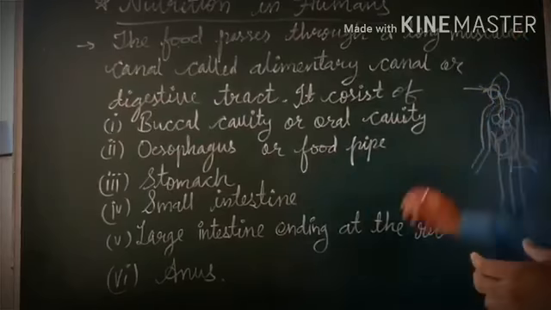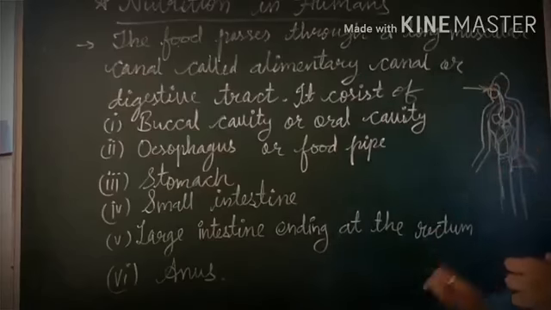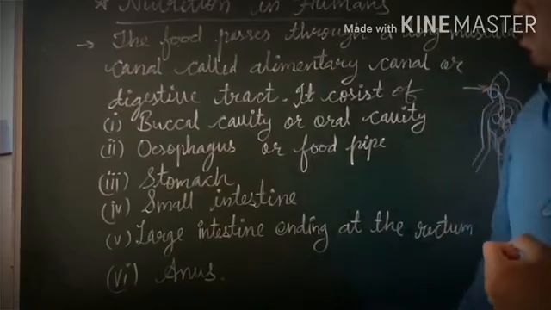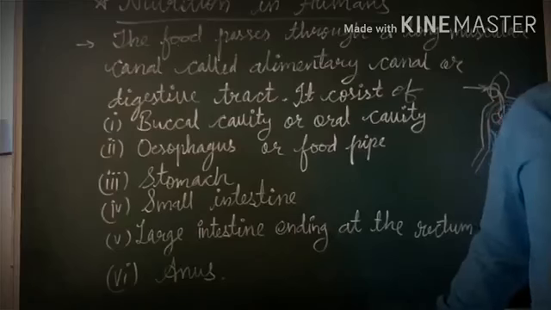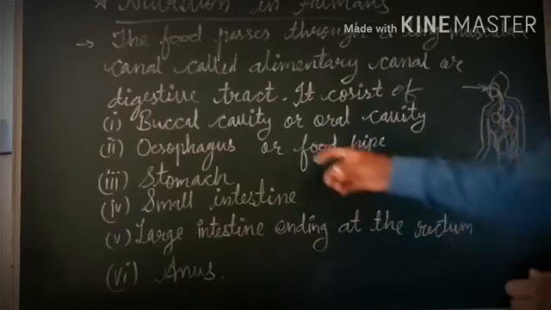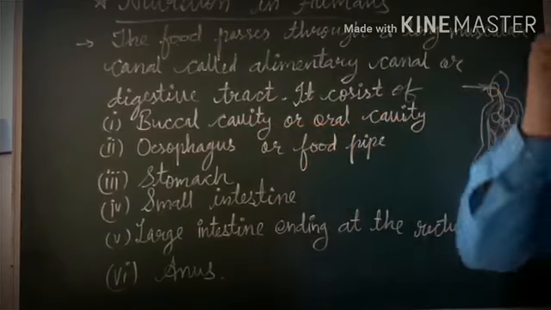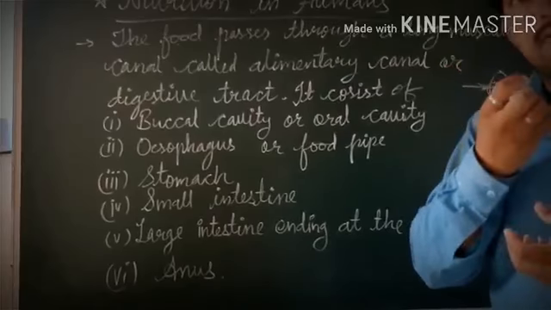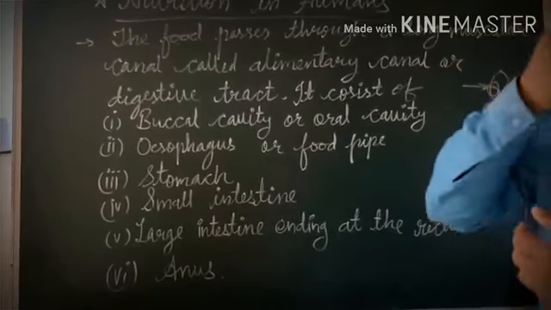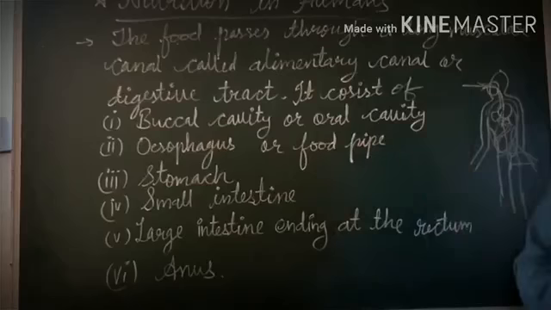This full tract, this full canal is called the alimentary canal, or we can also say the digestive tract. It has the buccal cavity or oral cavity. This is our mouth, by which we take food. Next is the food pipe, the esophagus.